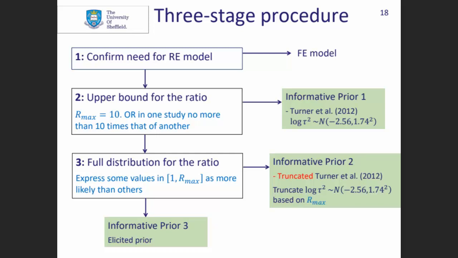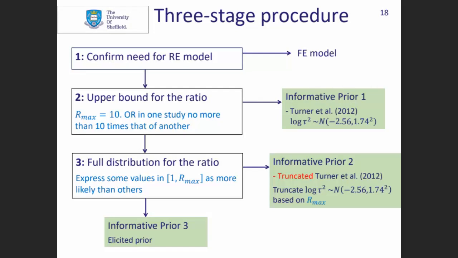And if experts can provide this upper bound, for example, if the maximum value for this ratio is 10, that means the odds ratio in one study cannot be more than 10 times that of another. We then could move on to the third step, asking experts if they could provide a full distribution for this ratio.